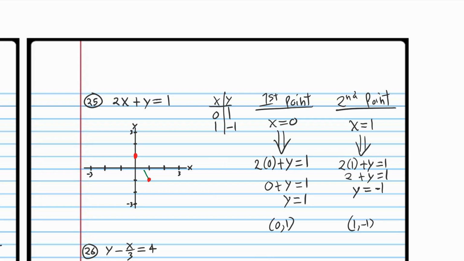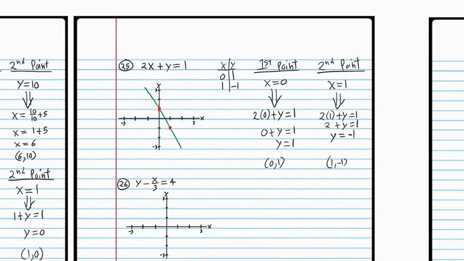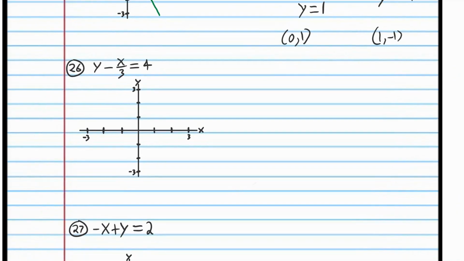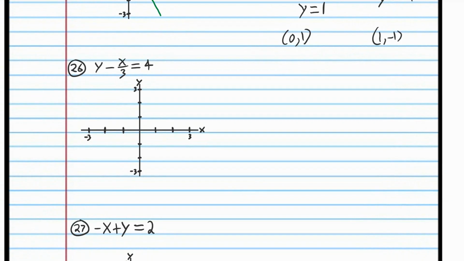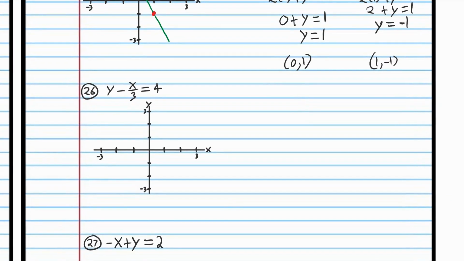Connect the dots. So if that was your graph, good job. All right, so again, you're going to have to get creative here. So attempt number 26. We have a fraction, so be careful. And when you come back, we'll do it together.